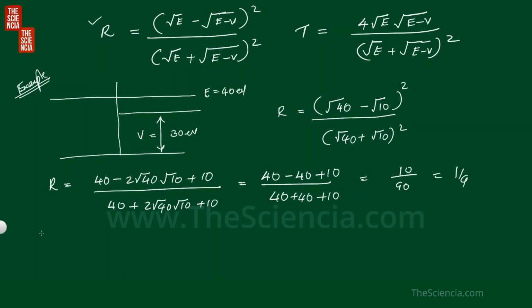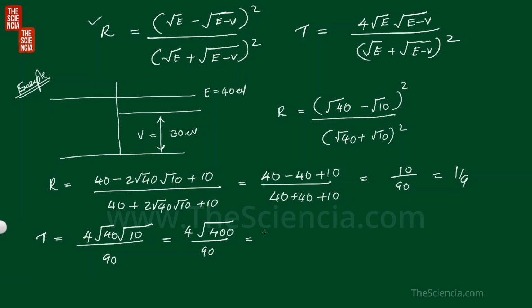Now we have to evaluate this T value, the transmission coefficient, that is 4 into root E. Root E is root 40, into root E minus V, root 10, by, see, we already evaluated the denominator value, that is 90. So what will we get? That is equal to 4 into root of say 400 by 90.